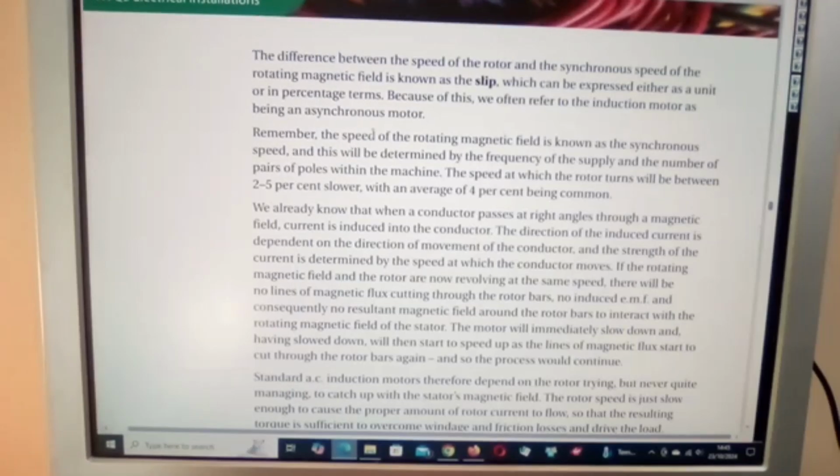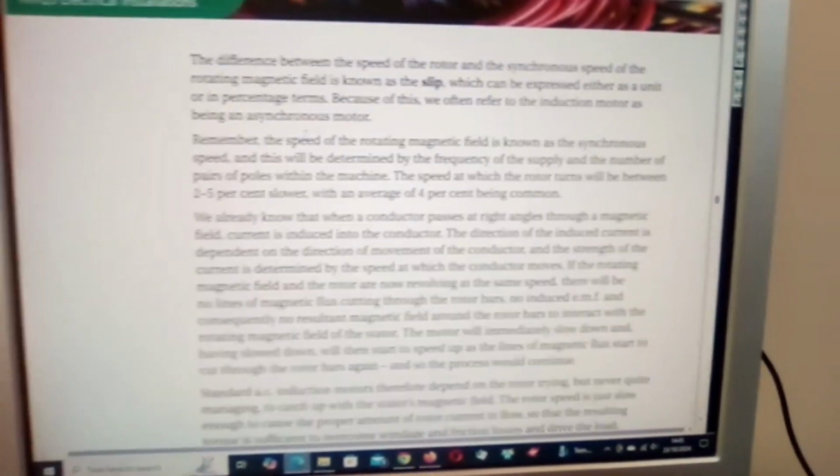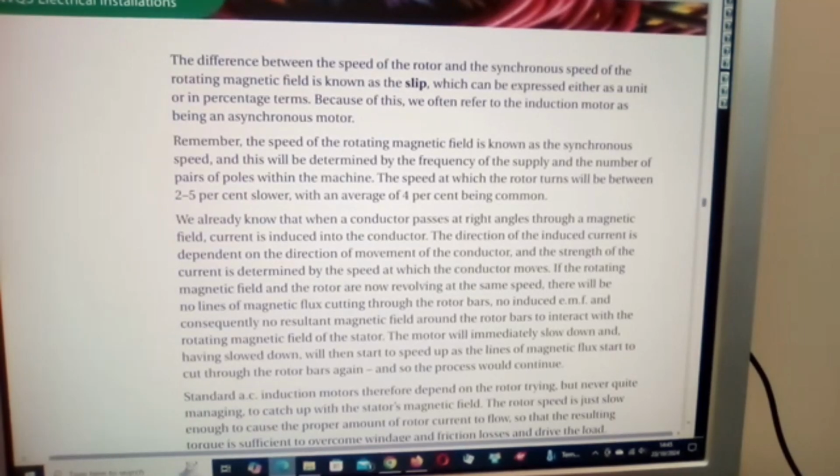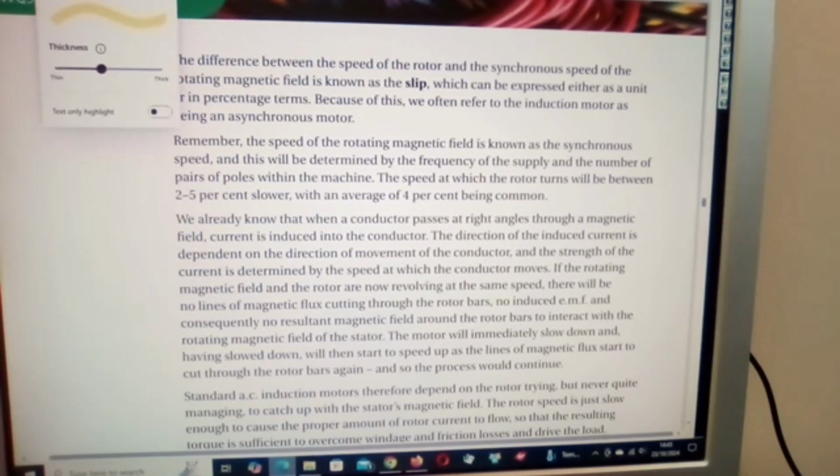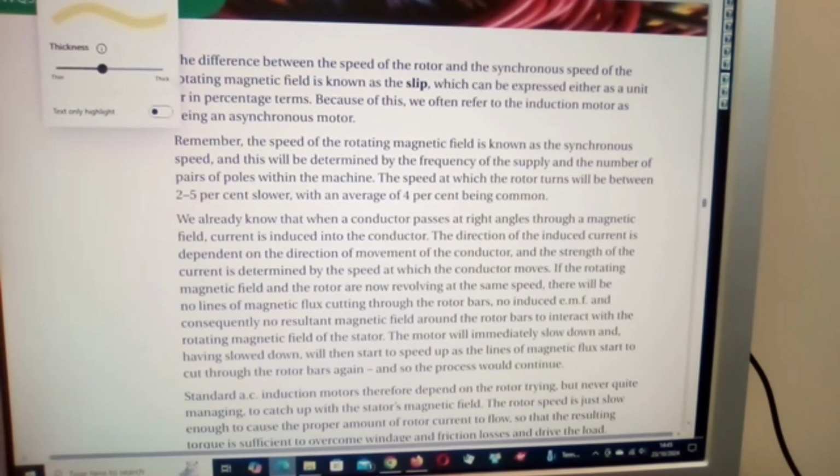Now, what I'm going to try and do here, let me see if I can do this a little bit. I can highlight this.